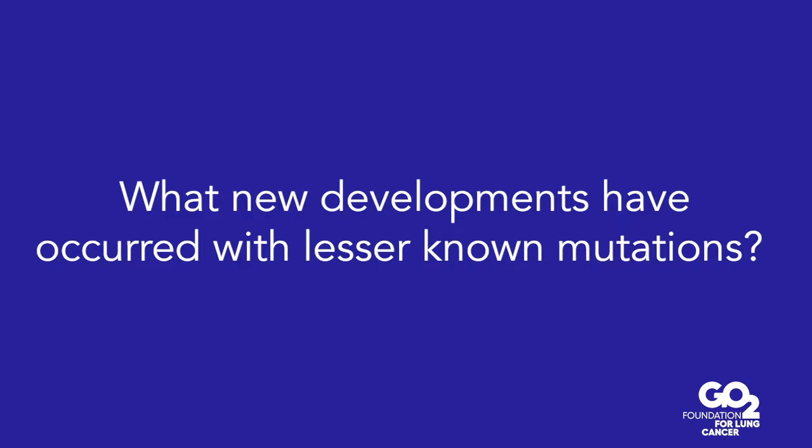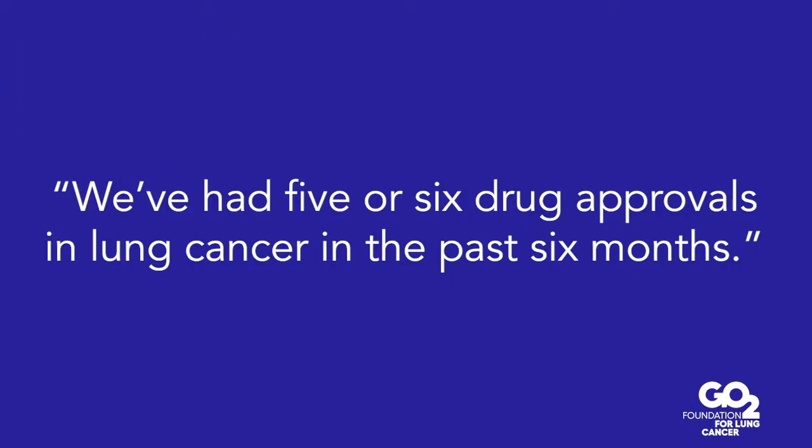Yeah, I wish we had 3 hours because the list gets longer every day. We've had something on the order of 5 or 6 drug approvals in lung cancer in the past 6 months. So it's just insane. As you mentioned, EGFR mutations and ALK rearrangements and ROS rearrangements were sort of the leading edge. They were, like I said, chapter 1, 2, and 3 of molecular profiling in lung cancer.